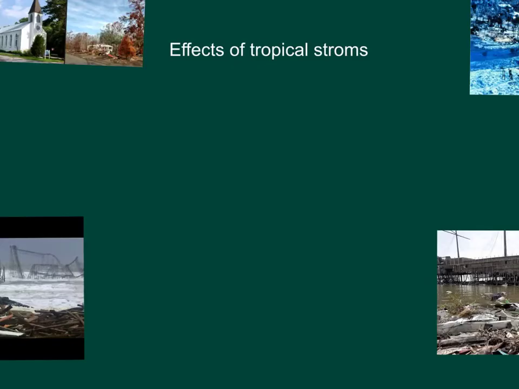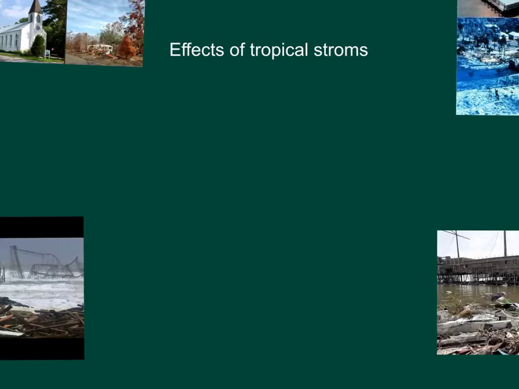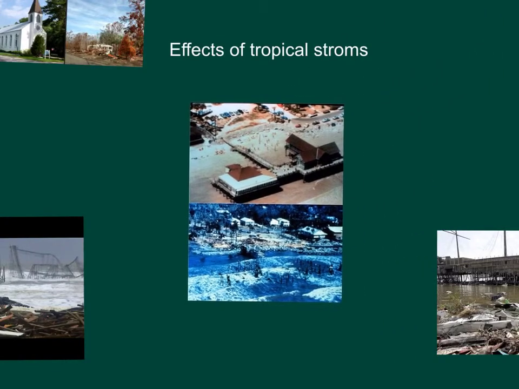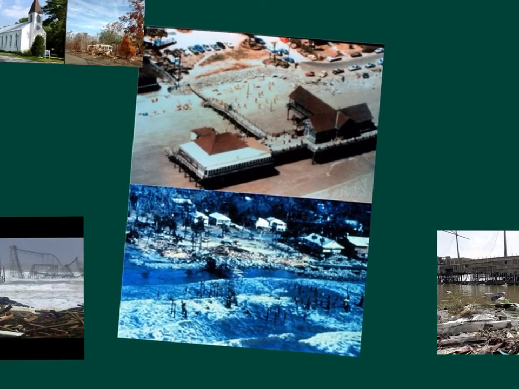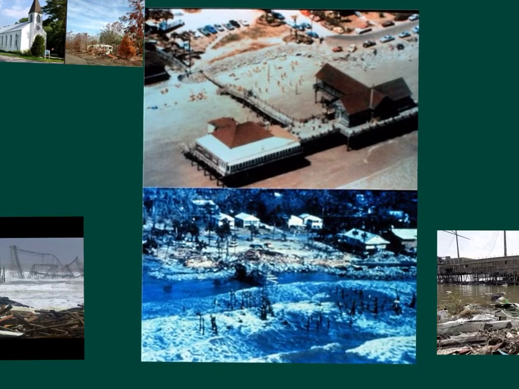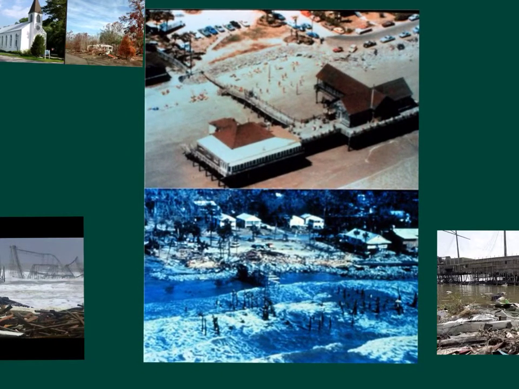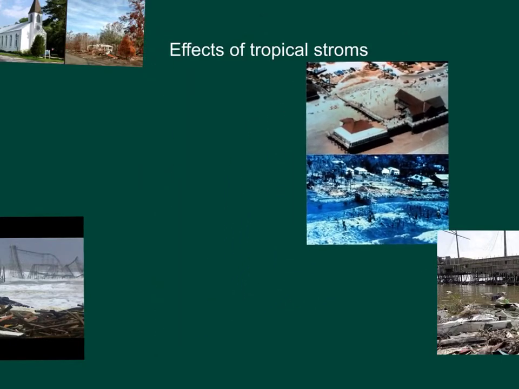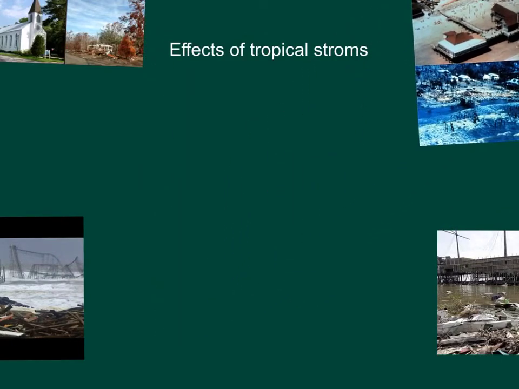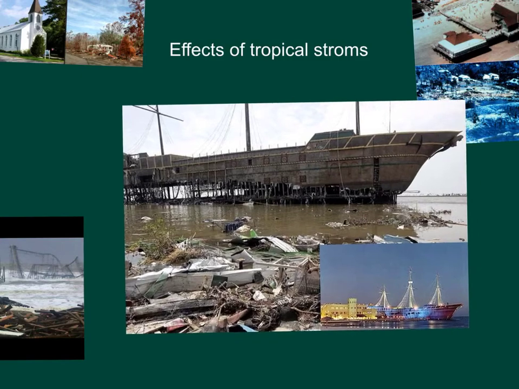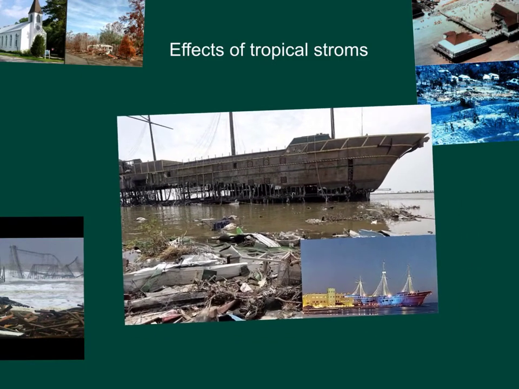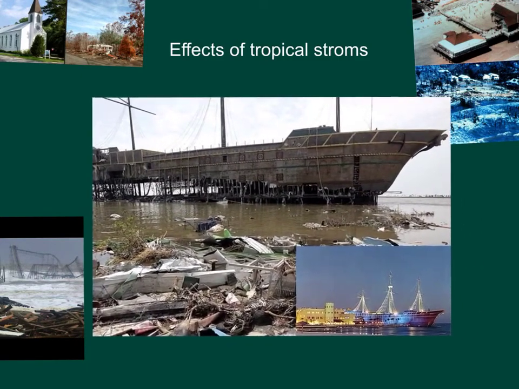These are the effects of the tropical storms. As you can see, everything in the tropical storm's way just gets demolished. This whole building and beach has just completely vanished. And as you can see here, this boat has been destroyed beyond repair.